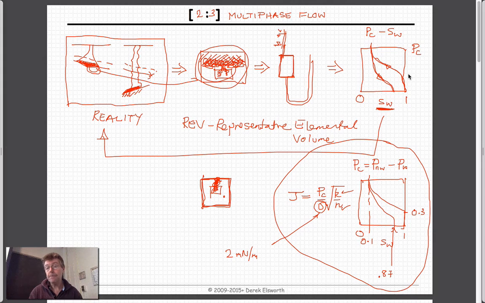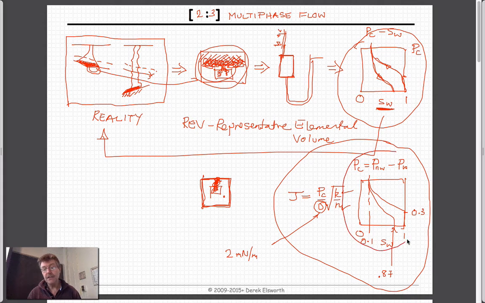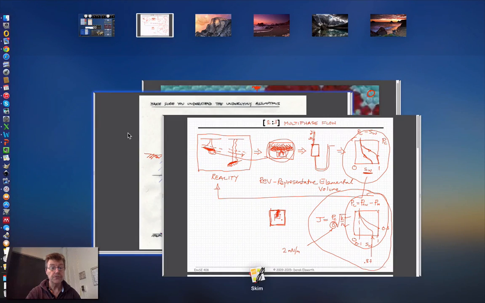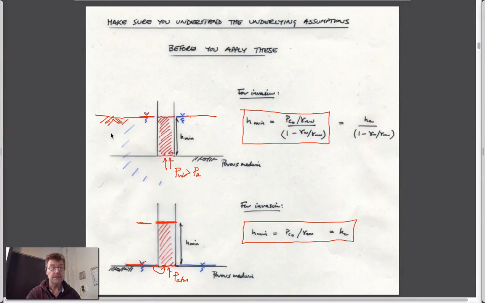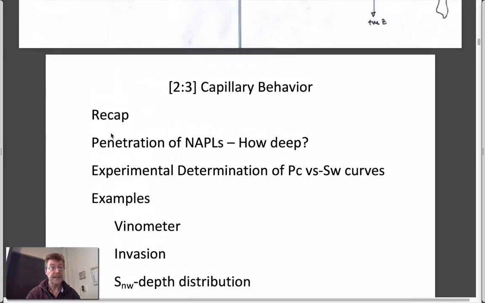which defines what the invasion characteristics are. And if we know something about these capillary pressure versus saturation diagrams, either in actuality for a particular soil, or maybe in generality, defined for certain characteristics and behaviors, then we should be able to take this information, rationalize what the water table means and how fluid pressures change both below it and above it, and be able to convert this into understanding what these saturation profiles would be relative to this, which is really what we attempted to do when we did this calculation here.